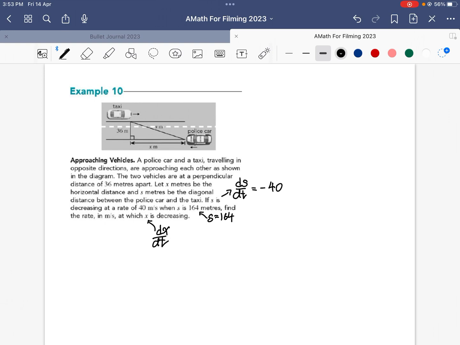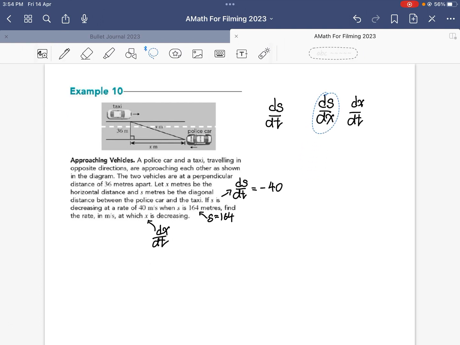Now what I can actually try to do is create the equation. I know I have a rate of change of s with respect to time, and I have a rate of change of x with respect to time. If I look at it, actually I can try to form an equation involving s and x, so that I can differentiate s with respect to x to get ds/dx, like this.